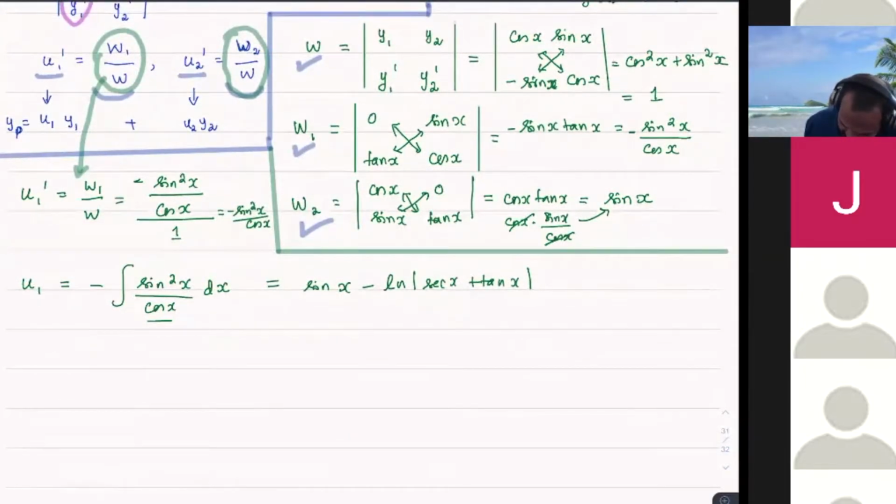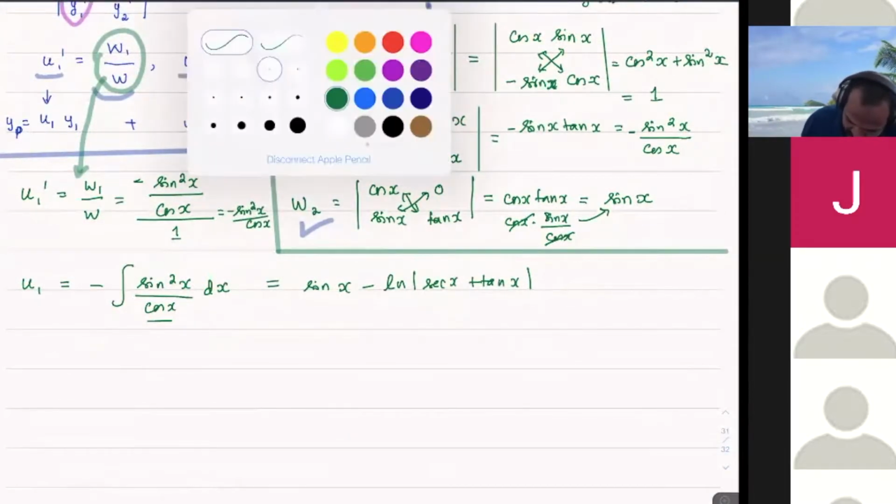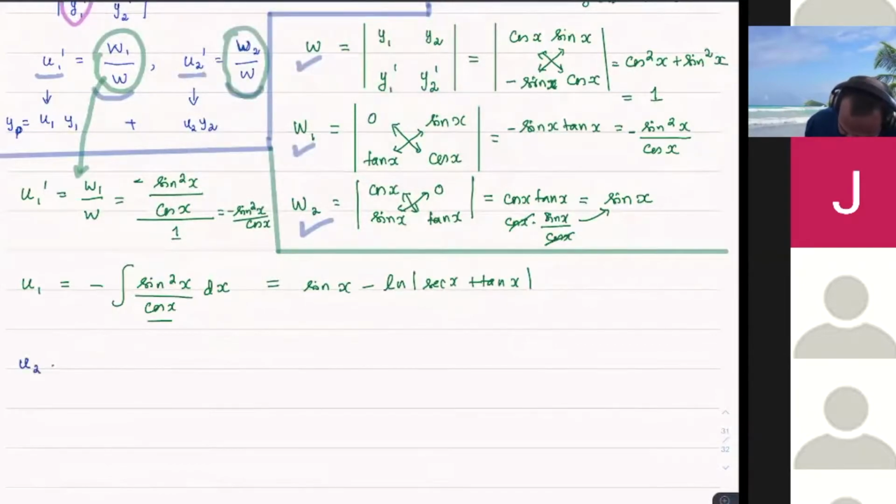u2, as you see, as per the formula, u2 prime is going to be w2 over w. The w2 is simply sine x over 1, which gives me my u2 prime, by the way. u2 would be the integral of sine x dx, which is cosine x.